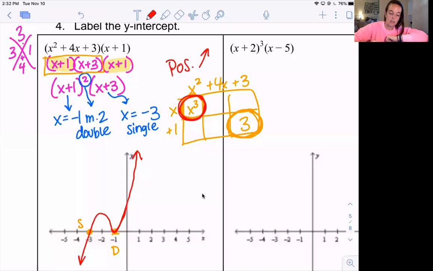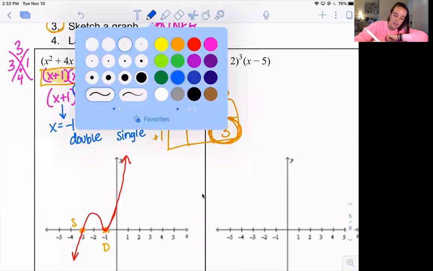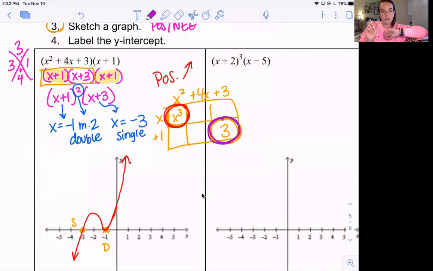And then finally, I'm going to label the y-intercept. The y-intercept is always the constant term. If you multiply just the numbers, the constants by themselves, then you will find out what the y-intercept is. So in this case, if you took +1, +3, and +1 and multiplied them together, you would get your constant term of 3.